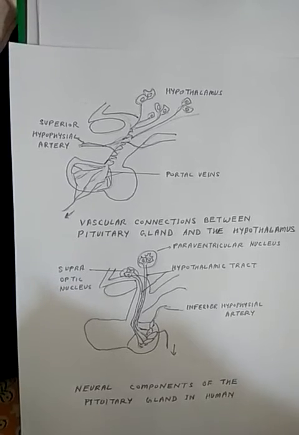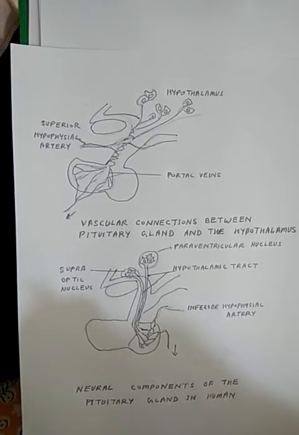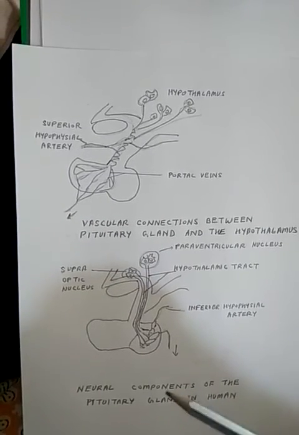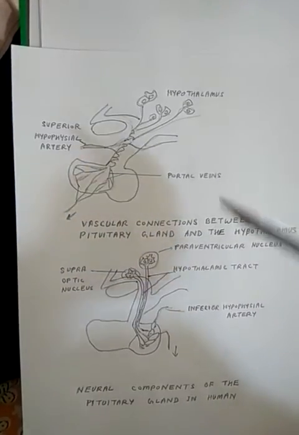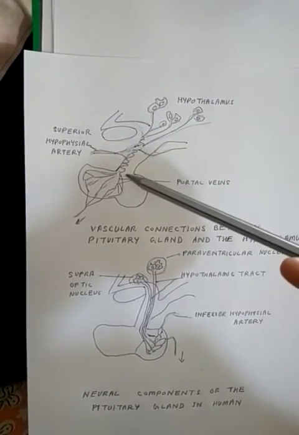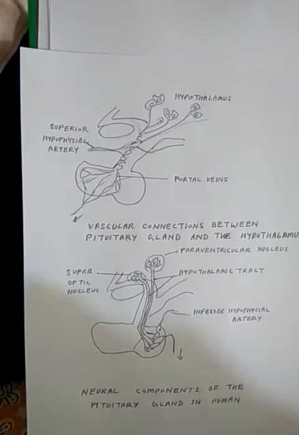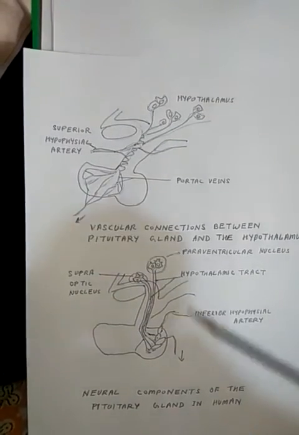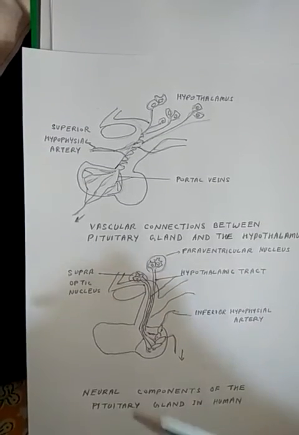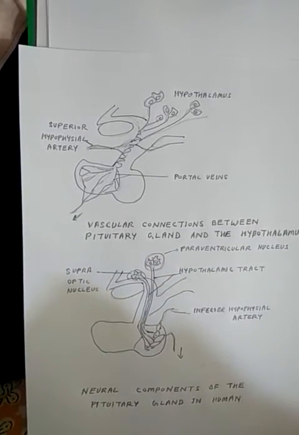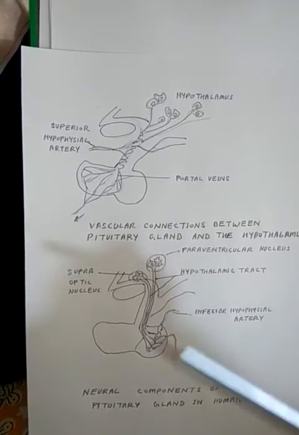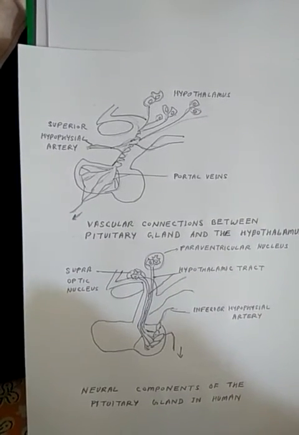It is a system of capillaries, tiny blood vessels, which run from the hypothalamus to the pituitary, and through this capillary system the hypothalamus releases some hormones which affect the pituitary gland.